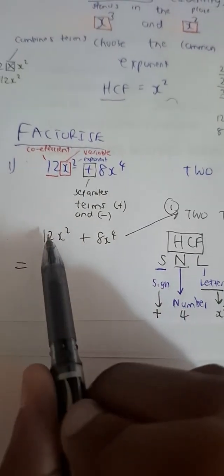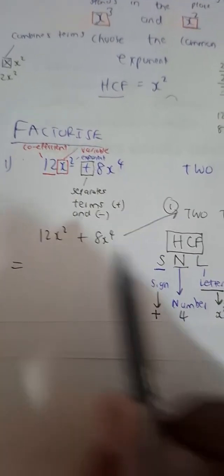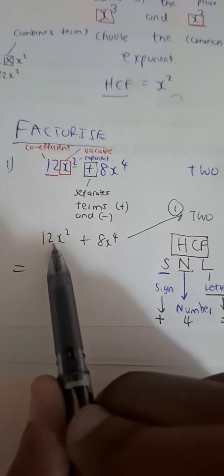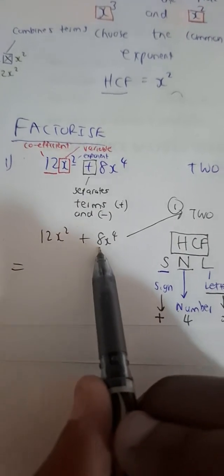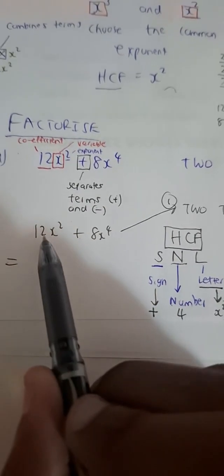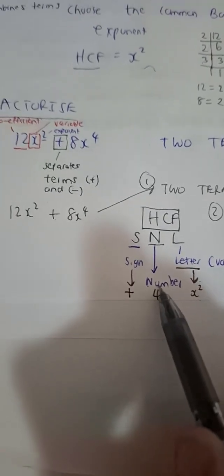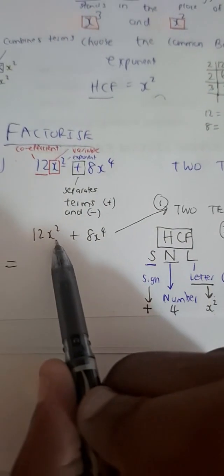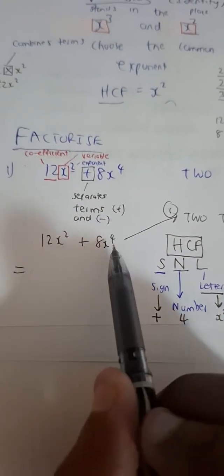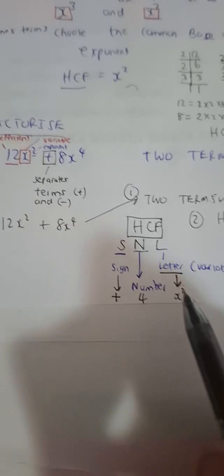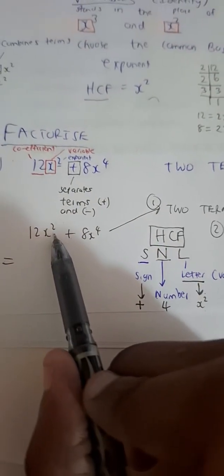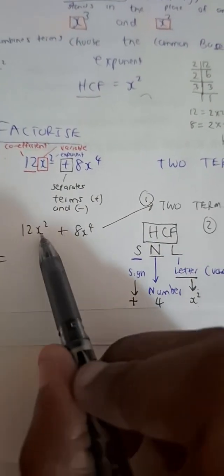Moving on to the number. Between 12 and 8, what is my highest common factor number? The highest number that goes into 12 and 8, guys. The highest common factor number that goes into 12 and 8 is 4. And then lastly, between x squared and x to the power 4, what is the highest common factor variable, meaning the base that has the lowest exponent?